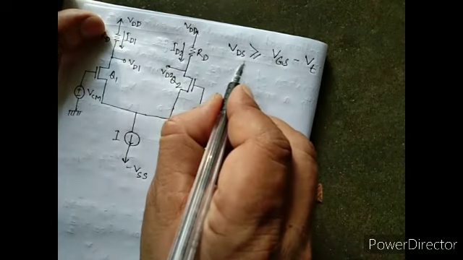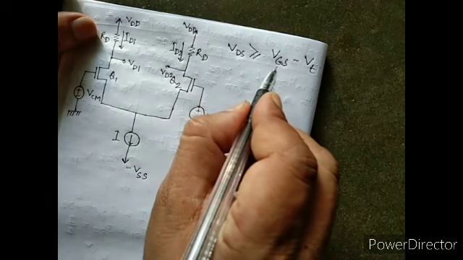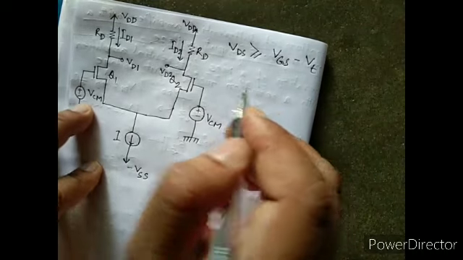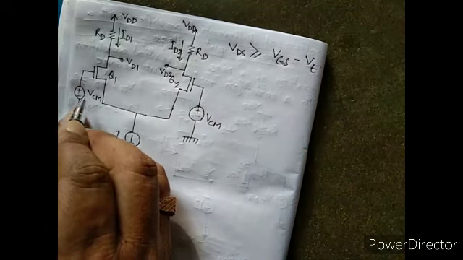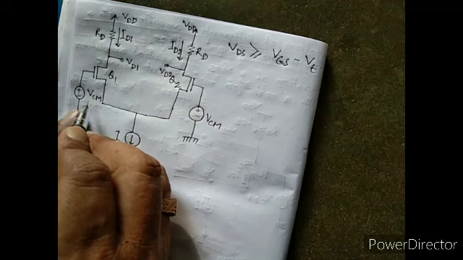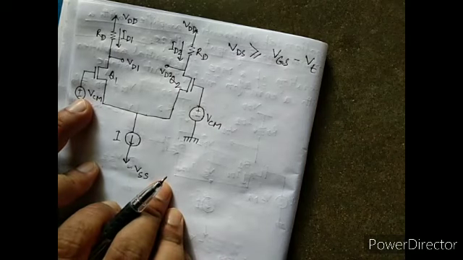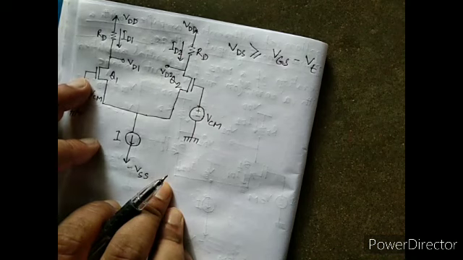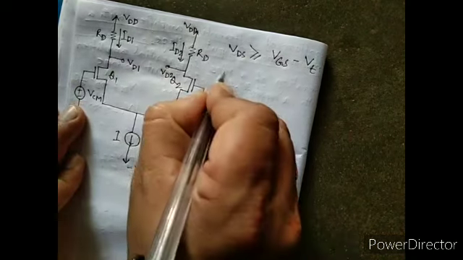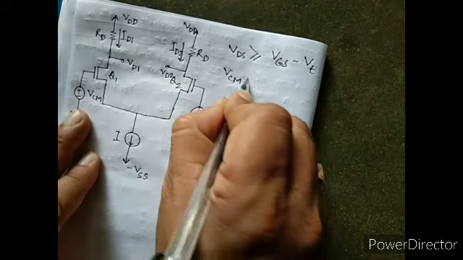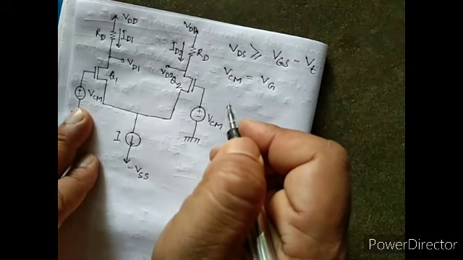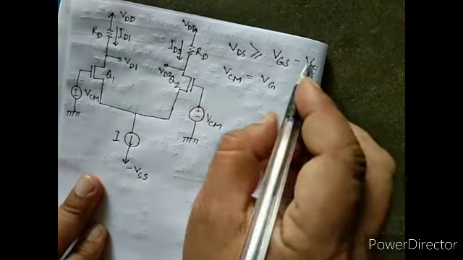Now what will be the maximum voltage for this VCM? We have to find the range of VCM, that means the maximum VCM and minimum VCM. VCM will be maximum when VCM equals VG.